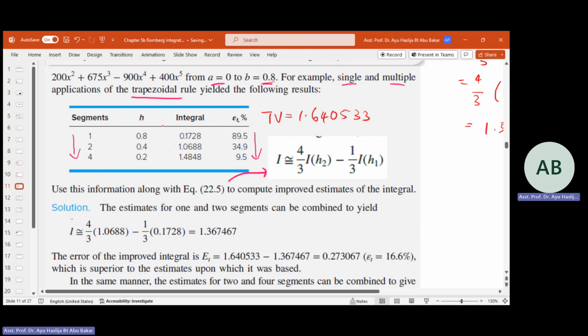This value, the one calculated using trapezoid, is level OH2, K equals 1, level 1. Now it asks you to use this equation. This equation is level OH4, which is K equals 2, level 2.